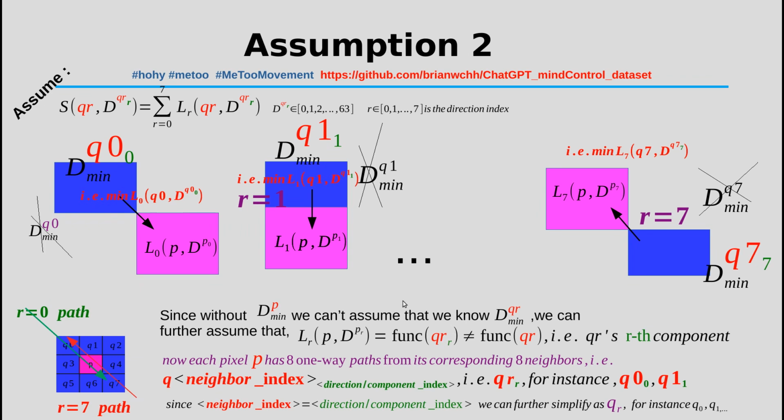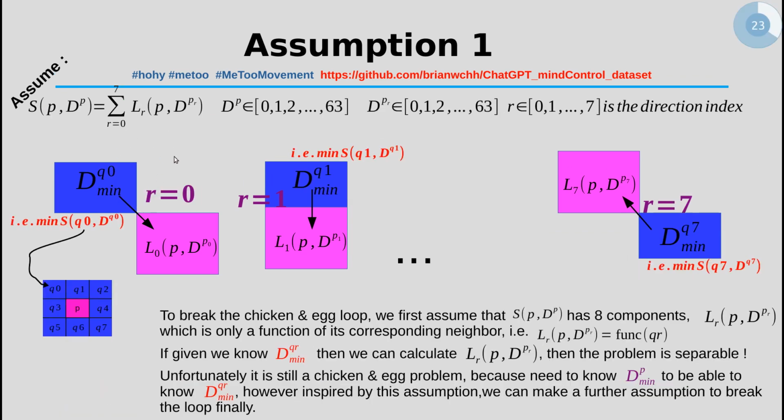Okay. So now if you can make this further assumption, then this problem will be fully separable, because if you look carefully, you will have one direction line, multiple direction lines, for instance from the top right to the bottom, top left to the bottom right, and from this direction. So now if you know the minimum of L0, not this one.